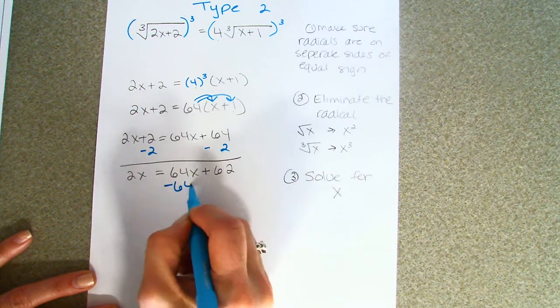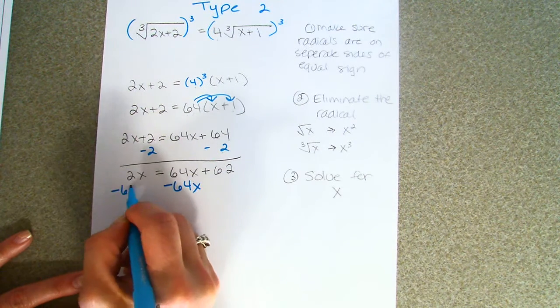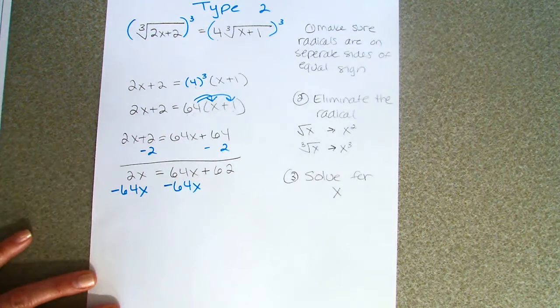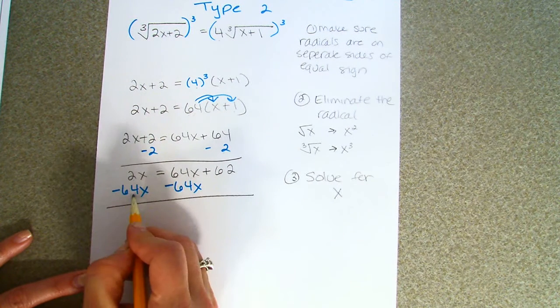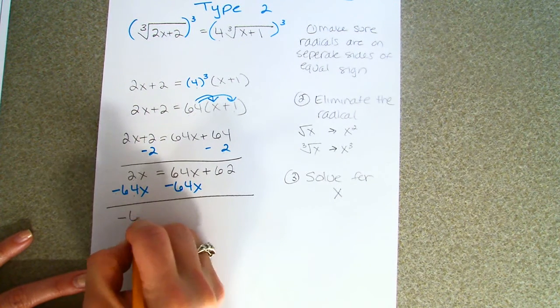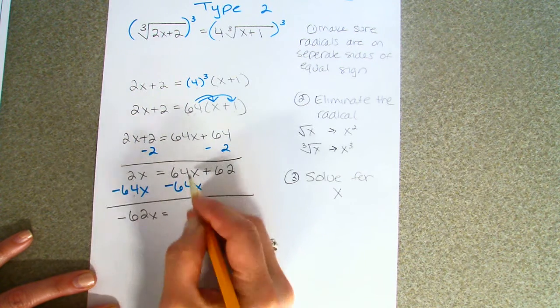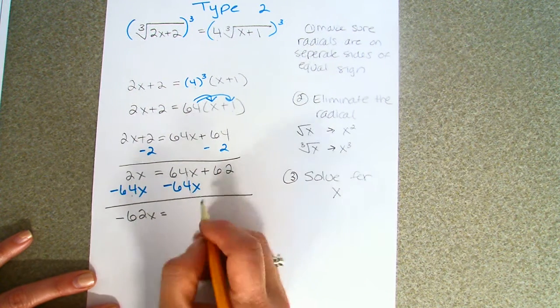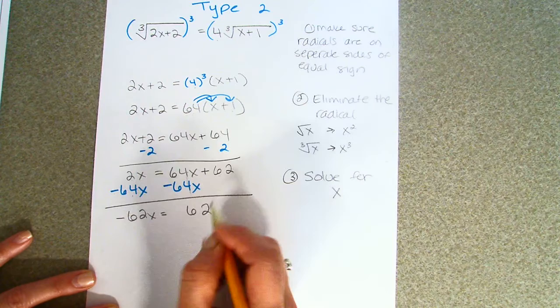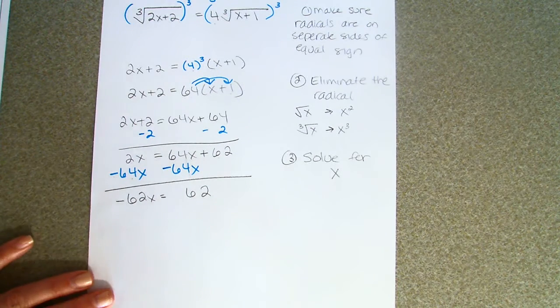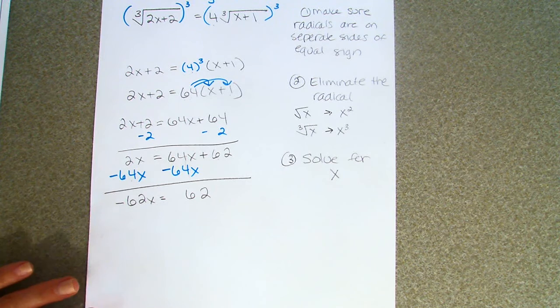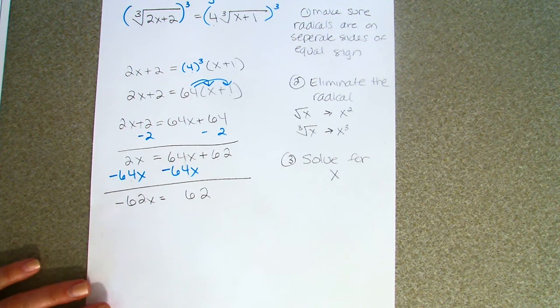Let's move this 64x to the other side. 2 minus 64x is negative 62x. These guys cancel out, and I had the 62 I can bring down. I'm almost done. I've almost got x to itself. Negative 62x means negative 62 times x.